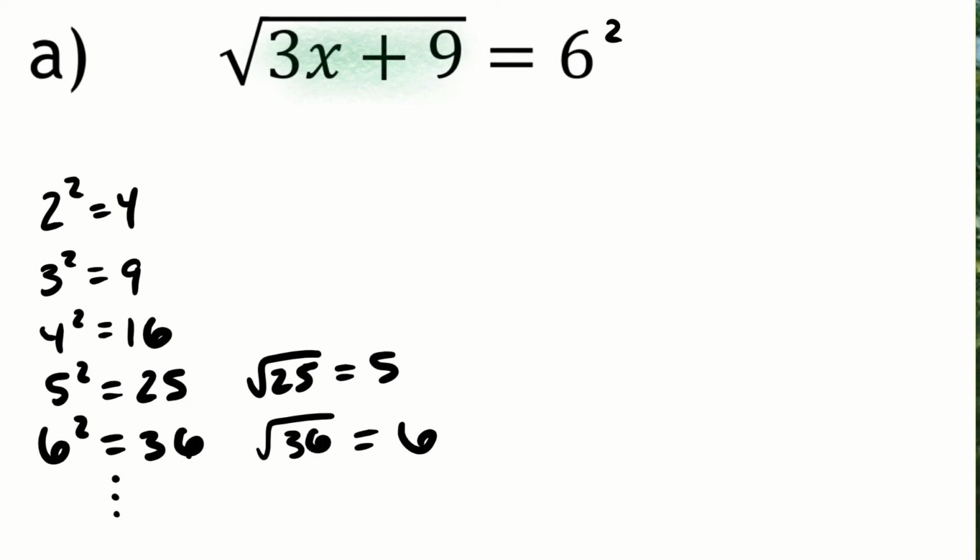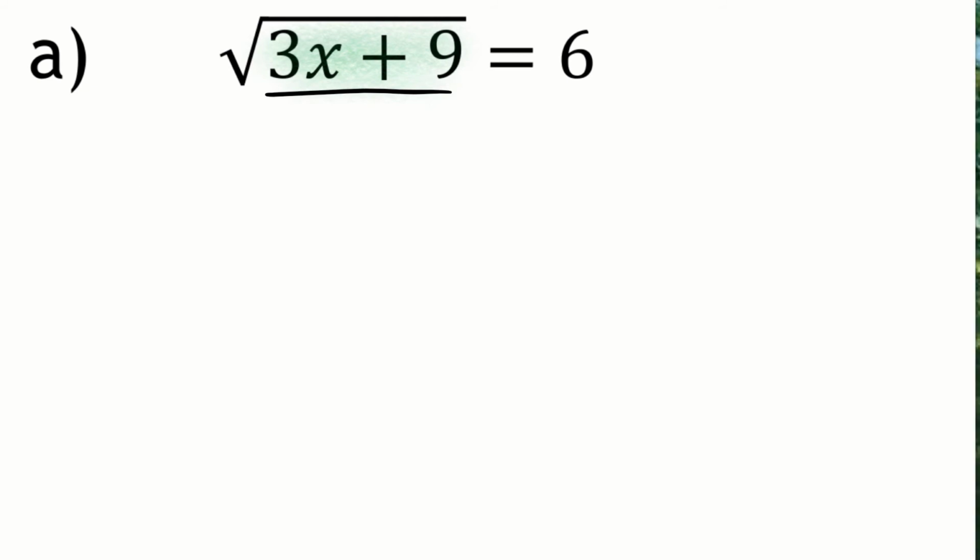If I square 6 mentally, 6 times 6 is 36. So what that tells me is that this expression that lives inside of the radical must be the number 36. Well, if that's the case, I can simply set it equal to 36, and that will allow me to find the value of x that makes it become 36.